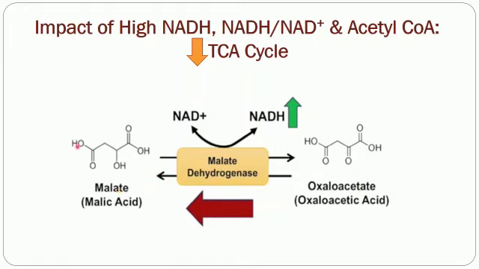So there will be more malate, and in this step NAD will be the end product. Again, this mechanism is more pronounced because of the excessive amount of NADH. So we see the impact of excessive NADH and the NADH to NAD ratio on TCA and glycolysis. Now let us see the next metabolic pathway that is affected.